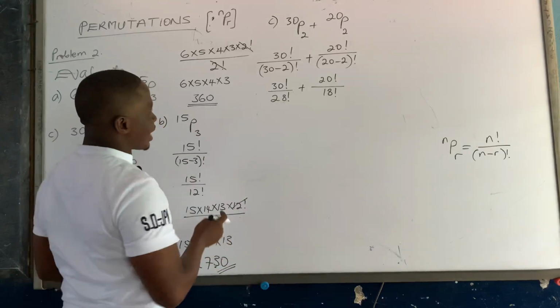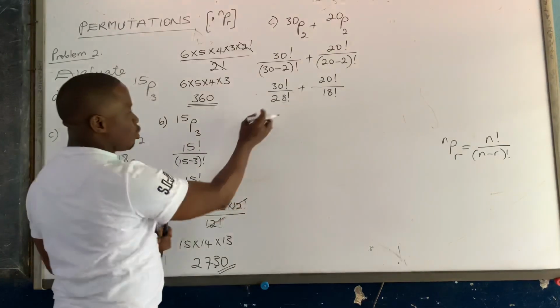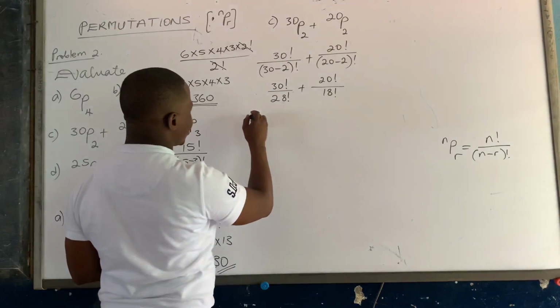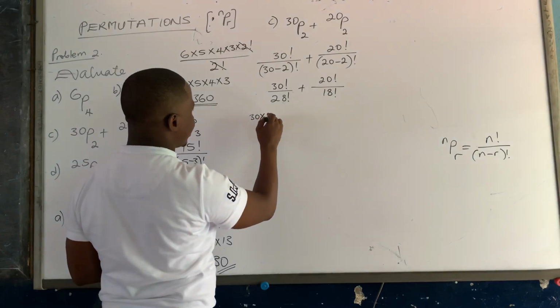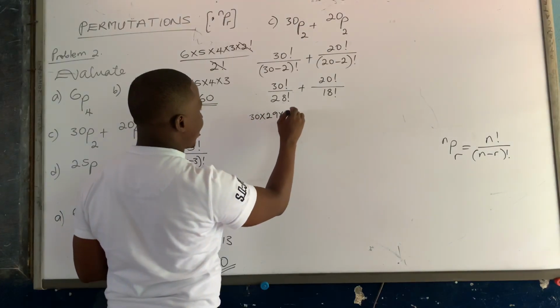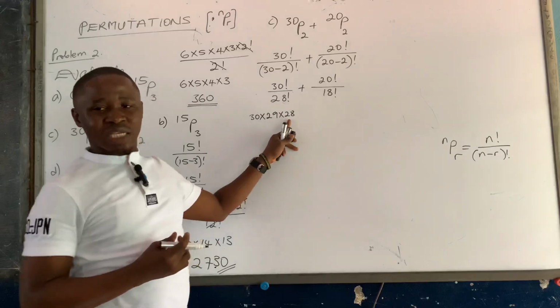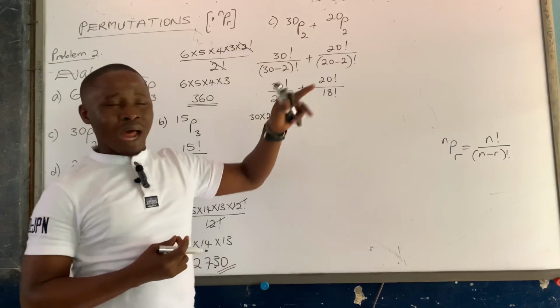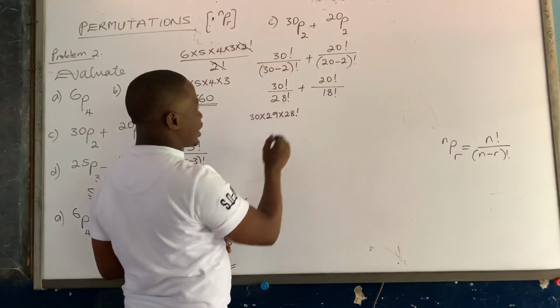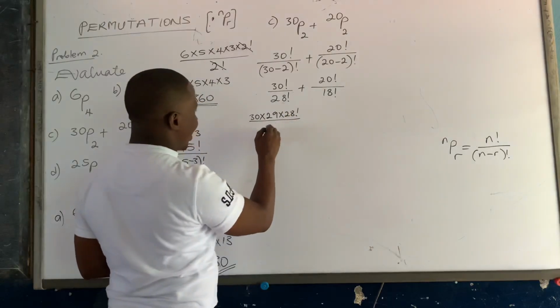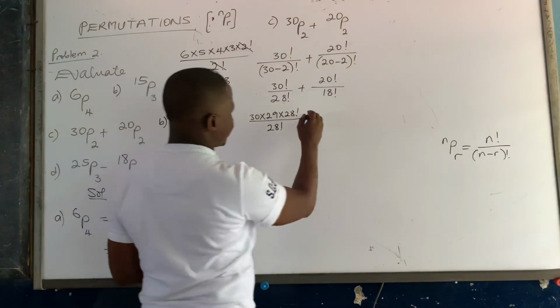So this 30 factorial we can express until we get 28. So we say 30 multiplied by 29. As long as you don't express the factorial number to 1, it is a must to indicate the factorial. Divide by 28 factorial.